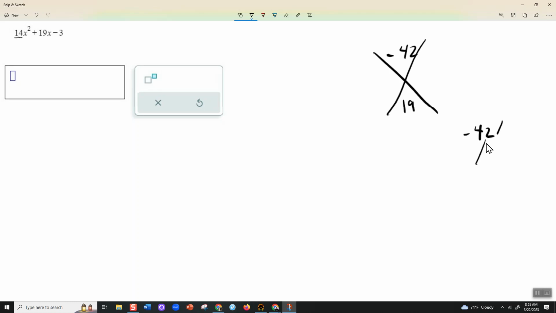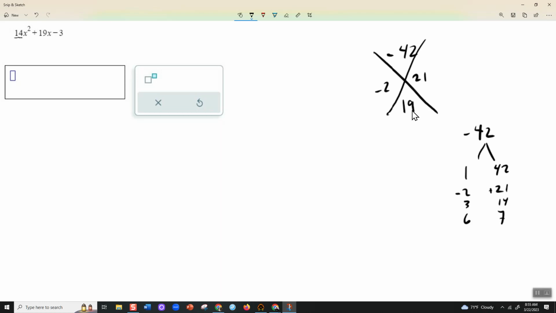So what are the factors of 42? There's 1 and 42, 2 and 21, there it is, 3 and 14, 4 nope, 5 nope, 6 and 7. Okay, if I do minus 2 and plus 21, 21 minus 2, that is 19.